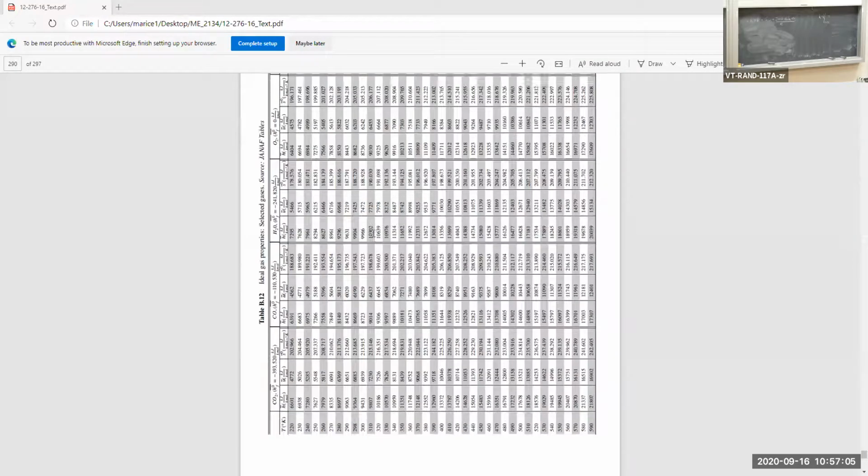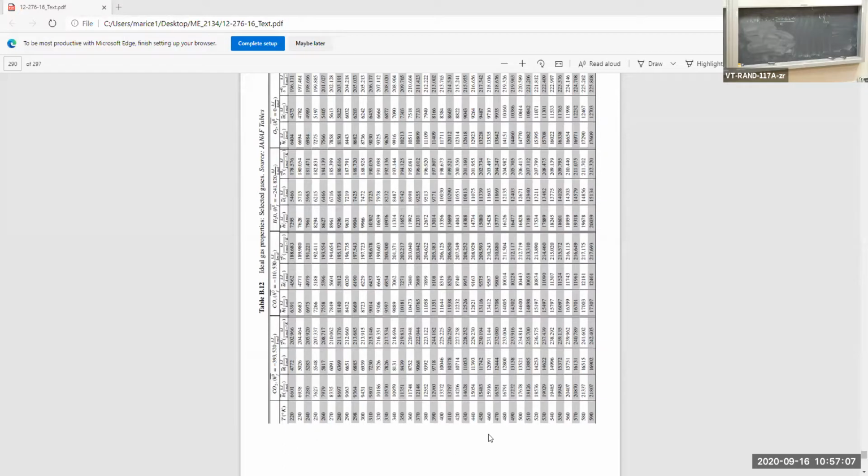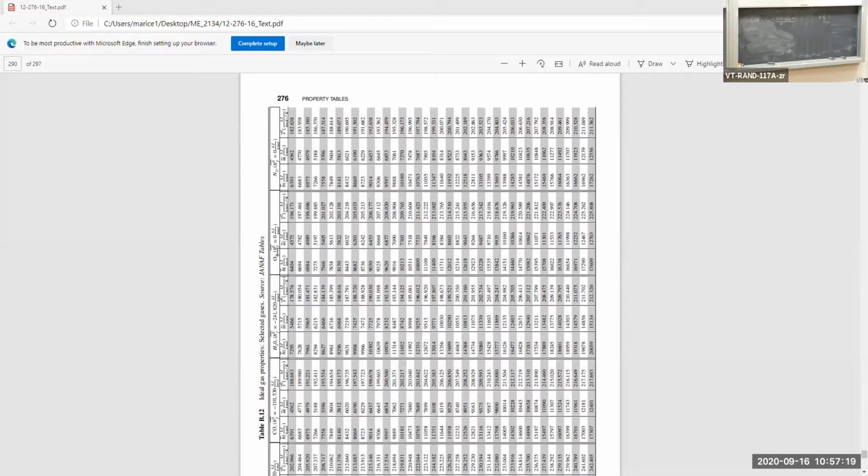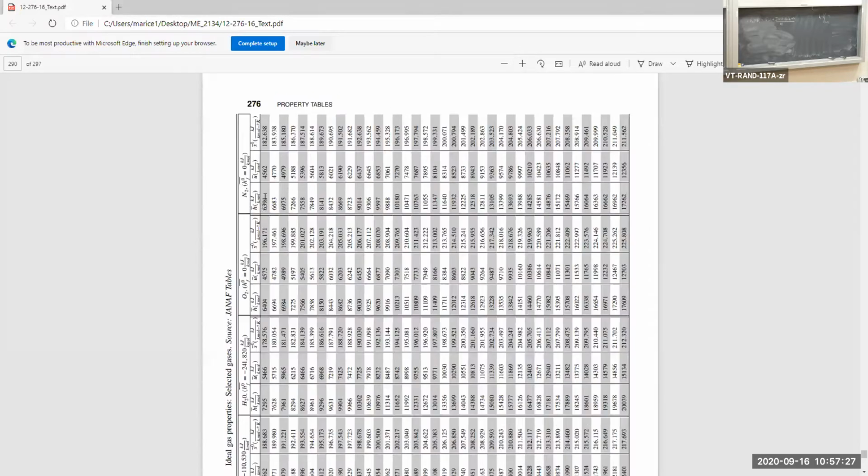Okay, so we have here temperature, and then we have various properties, enthalpy, internal energy, entropy, for various gases, CO2, CO, water, O2, nitrogen. Nitrogen, okay. I'm going to increase this a little bit so we can see it here.